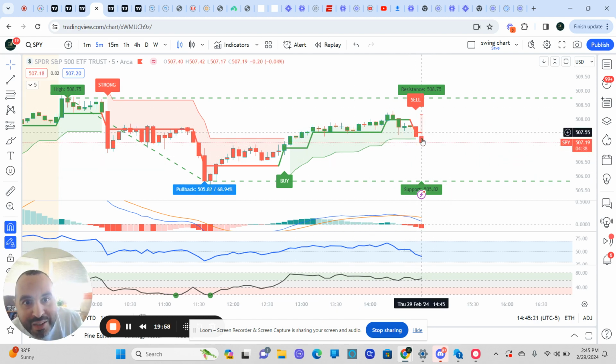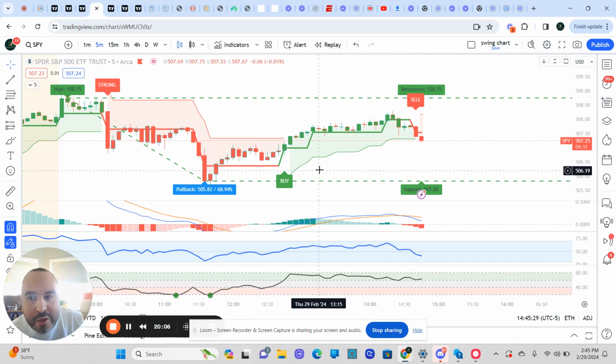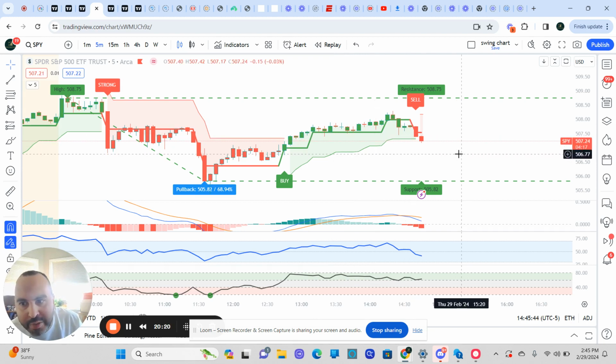Now, on the lotto plays, one thing I want to say. Yes, you can play puts here, even though the hourly is on a buy. I would take profits sooner on these plays. I would have a shorter leash, is the best way I can say it. Don't expect them to run crazy because you're running counter trend to that hourly chart.